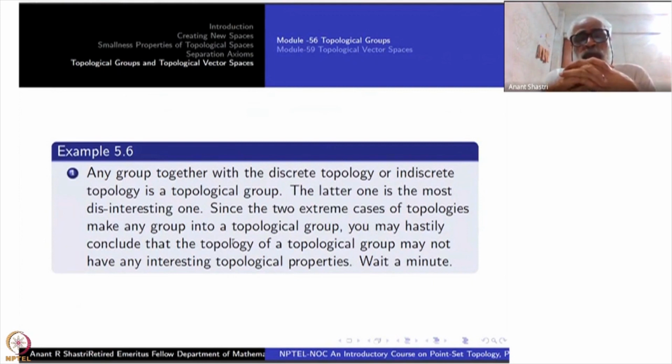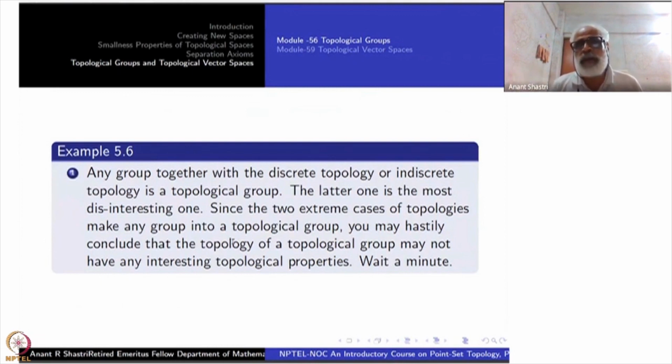Okay, but what may trigger some thought process here is that these two extremities are there, right? They are both topological groups without changing the group. So you may think that topological groups, after all, have no special properties at all.